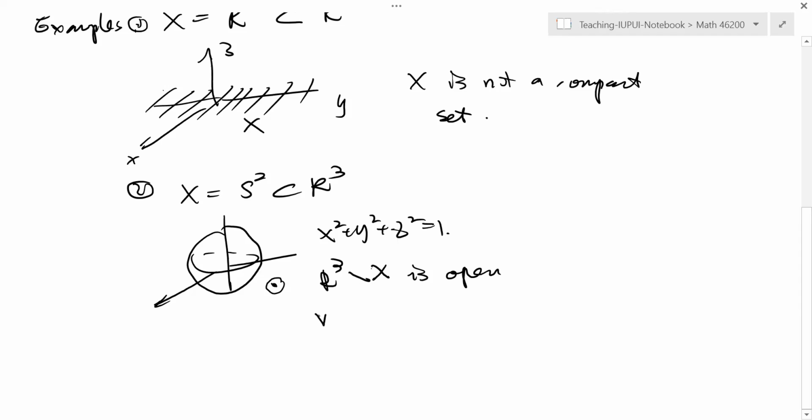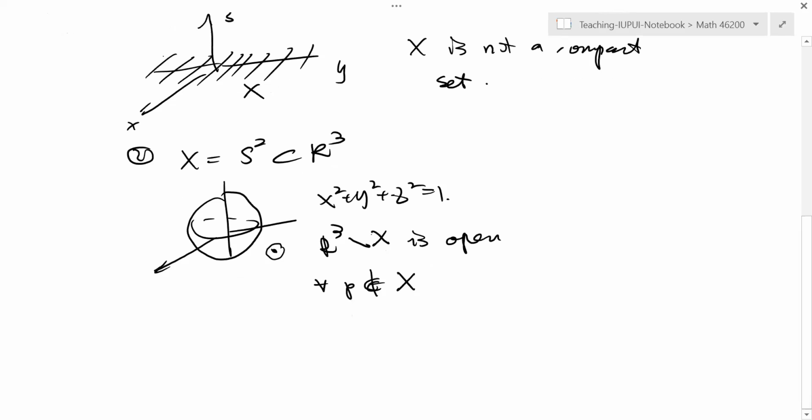So for any point not on the sphere, the ball with radius r will not intersect the set for sufficiently small epsilon.